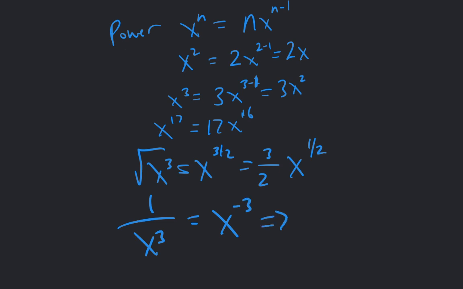And taking the derivative of that, I guess these could all be like arrows because they're not actually equal to each other. So taking the derivative of x to the negative 3 would be negative 3 x to the negative 4, because negative 3 minus 1 is negative 4.